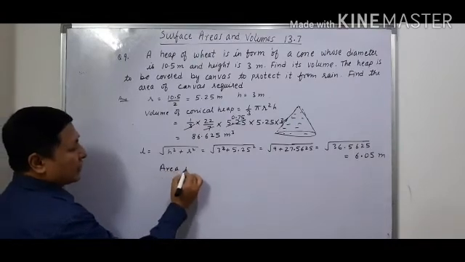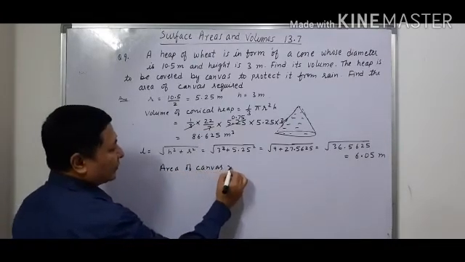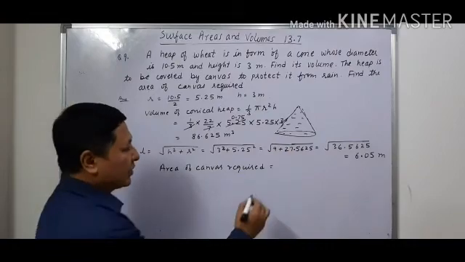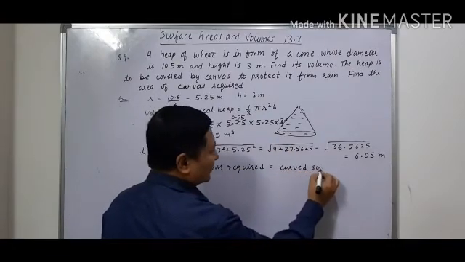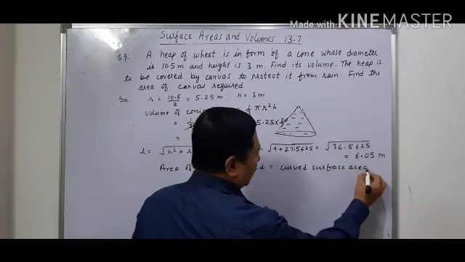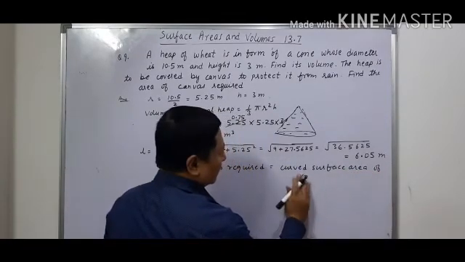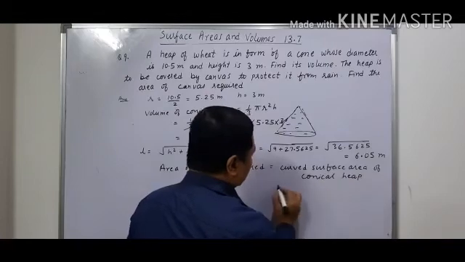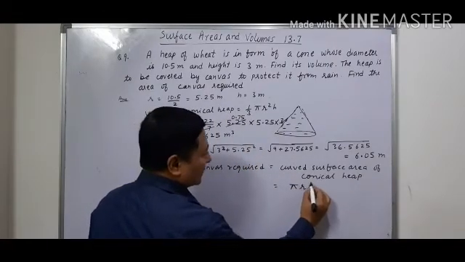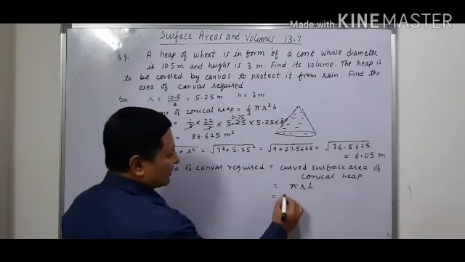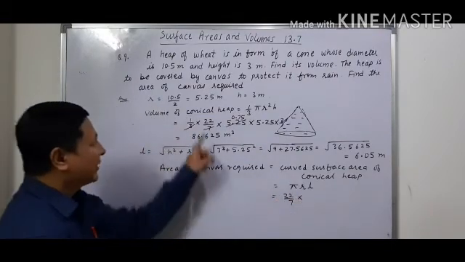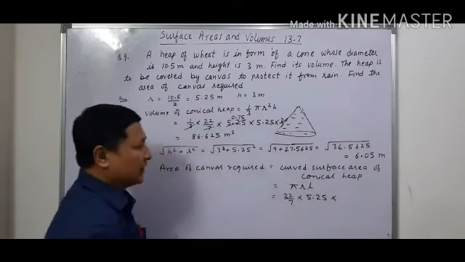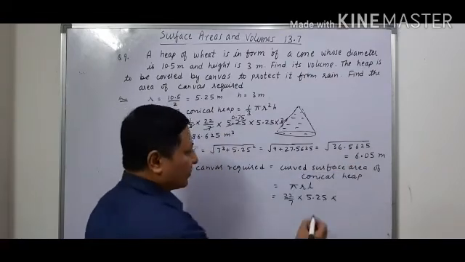So area of canvas required will be equal to the curved surface area of the conical heap, and we know the curved surface area of the cone is given by the formula pi r L. Pi is 22/7, radius is 5.25 meter, into L, which we have calculated, that is 6.05.